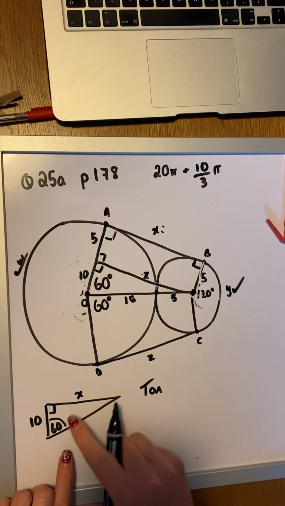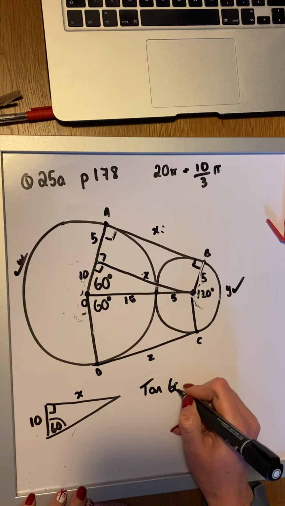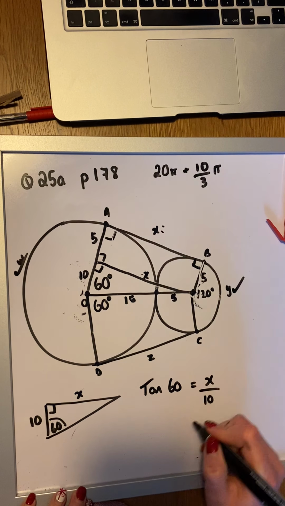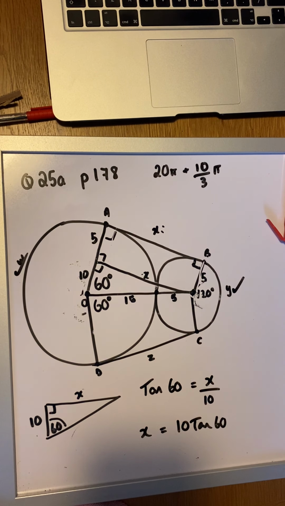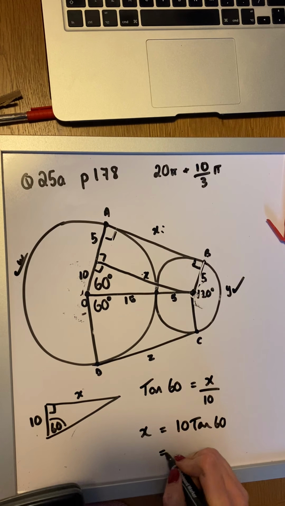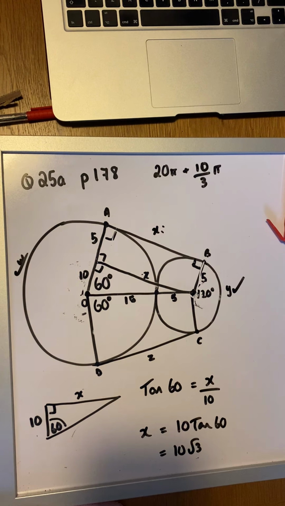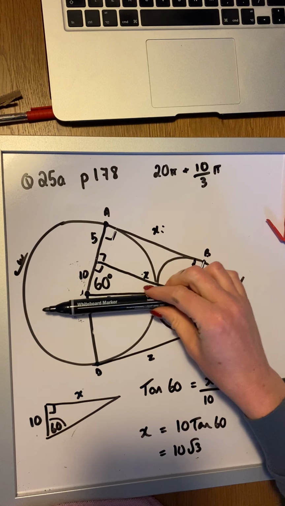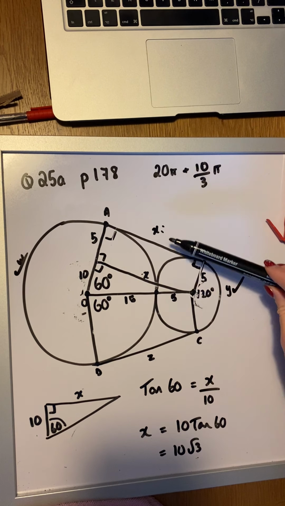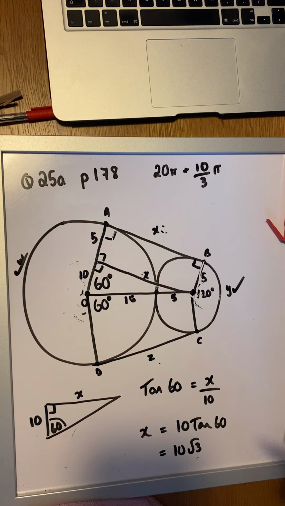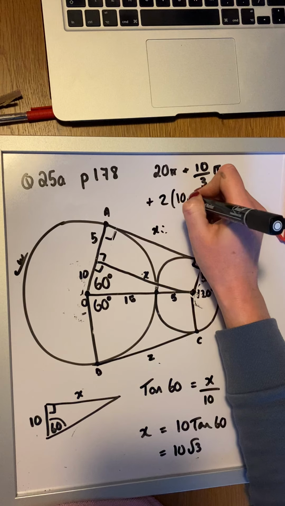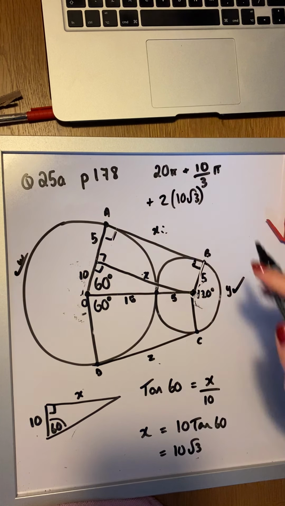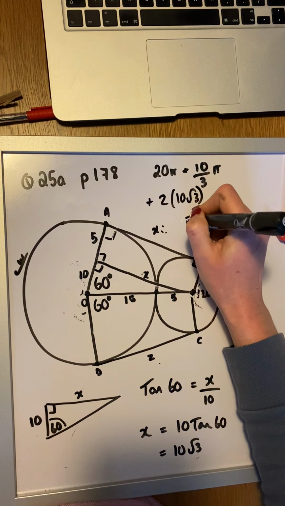So we know that tan is opposite over adjacent, so the tan of 60 is x over 10, meaning that x is equal to 10 multiplied by tan 60, and therefore x is 10 root 3. Because top and bottom are a mirror image, x and z will have the same measurement, so the length of the belt is going to be 2 times by 10 root 3 added on to our previous measurements of 20 pi plus 10 over 3 pi.